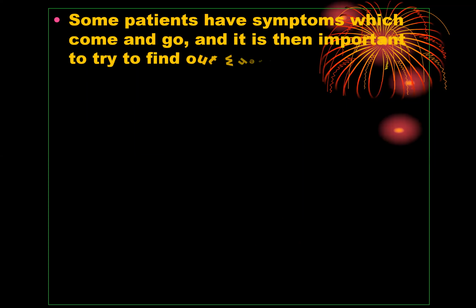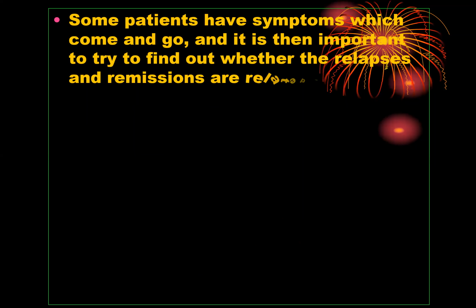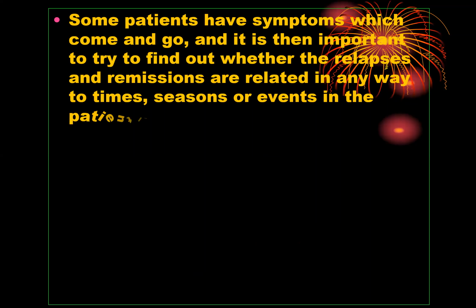Some patients have symptoms which come and go, and it is then important to try to find out whether the relapses and remissions are related in any way to times, seasons, or events in the patient's life.